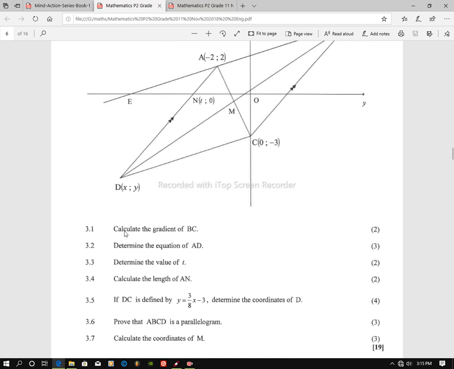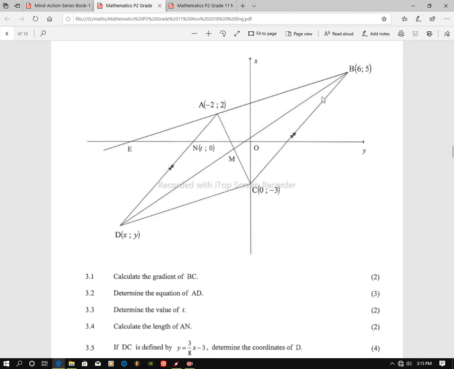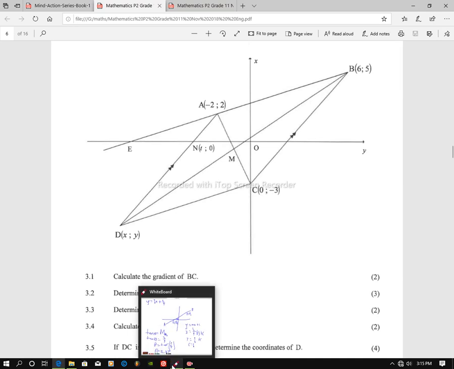They say calculate 3.1, the gradient of BC. So where is BC? This is going to be easy, right? So the gradient of BC, let's go to the board.